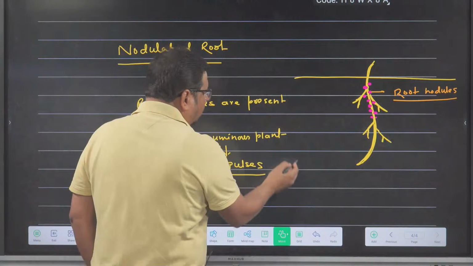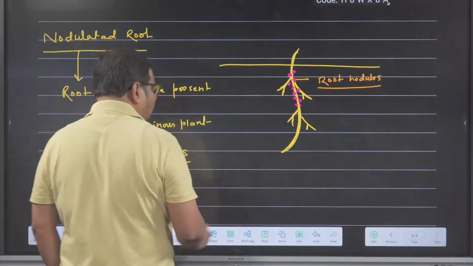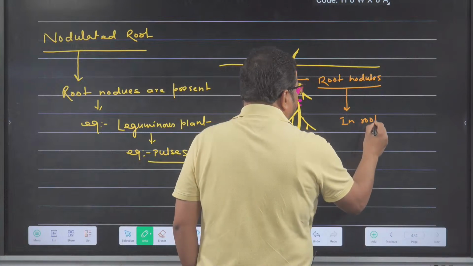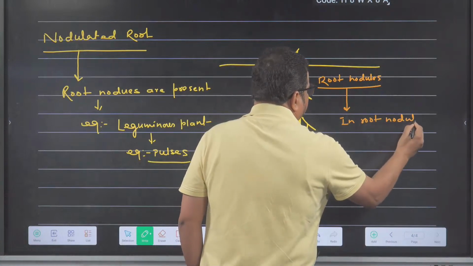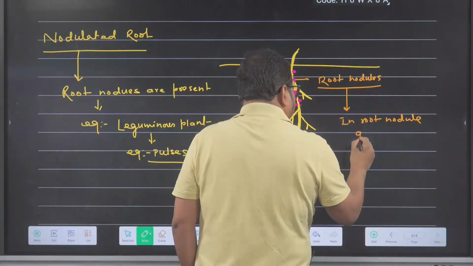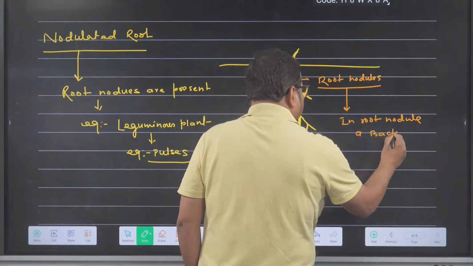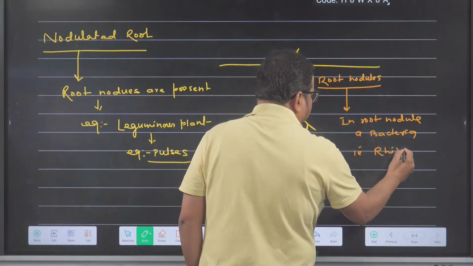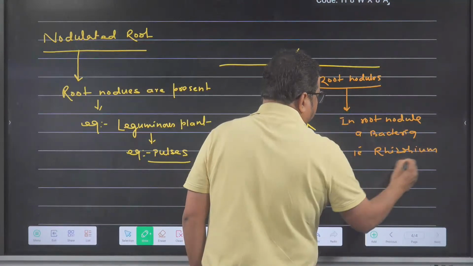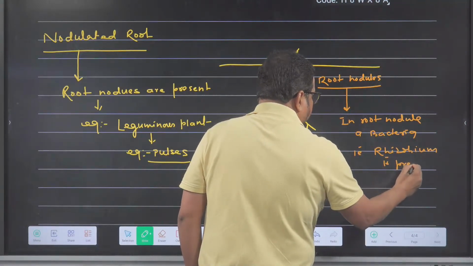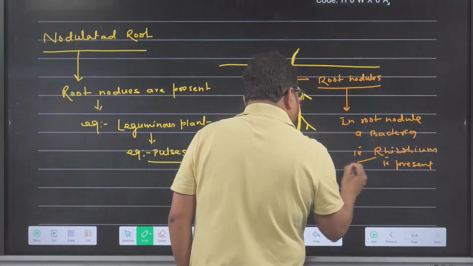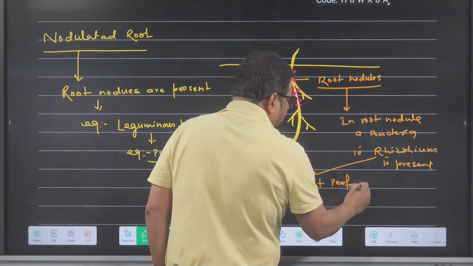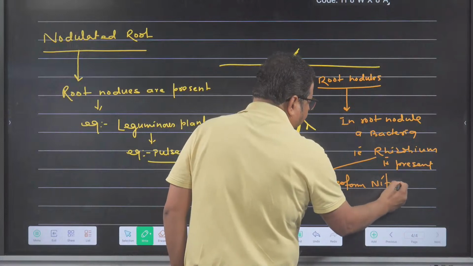Now what happens in these root nodules? In root nodules, a bacteria, that is Rhizobium, is present. And what does this Rhizobium do? It performs nitrogen fixation.